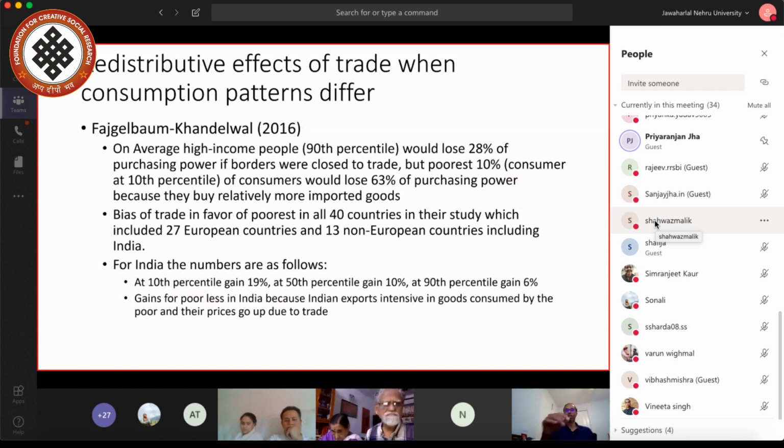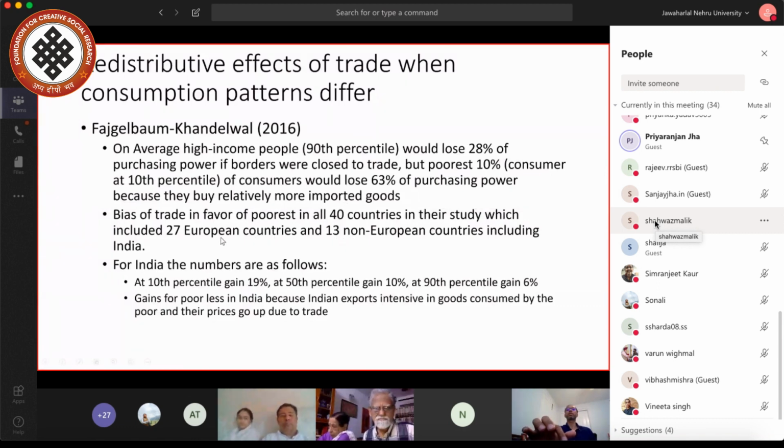So there's a recent paper by Fajgelbaum and Khandelwal, and there they find that trade has different impacts on the welfare of people at different percentiles of income distribution. So this is a 40-country study, and India is included in the study.